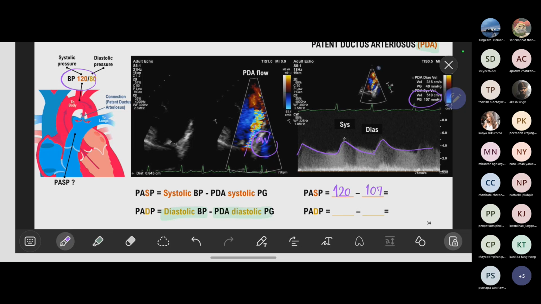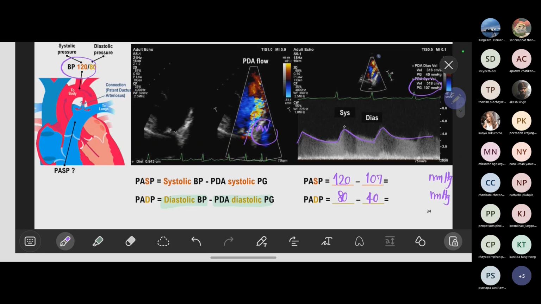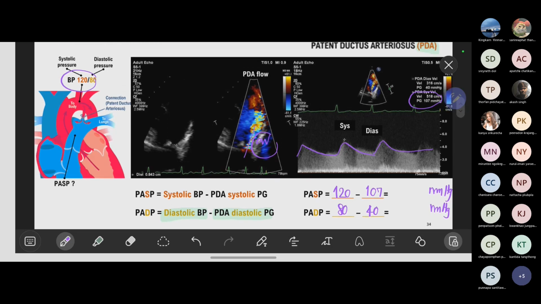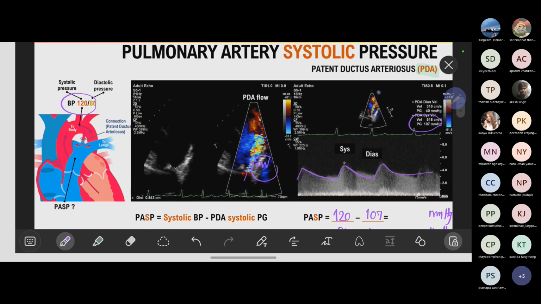So PADP is 80 minus 40. So PASP and PADP can be estimated directly from PDA flow.